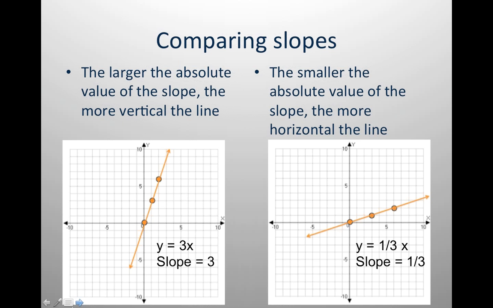So when you see 3, you see how steep that line is. Versus 1/3, that line is almost flat because it's closer to 0. So when we talk about absolute value, we're talking about how close the number is to 0. The closer it is to 0, then the more flat the line will be. The further away from 0, the more steep the line will be, either up or down.